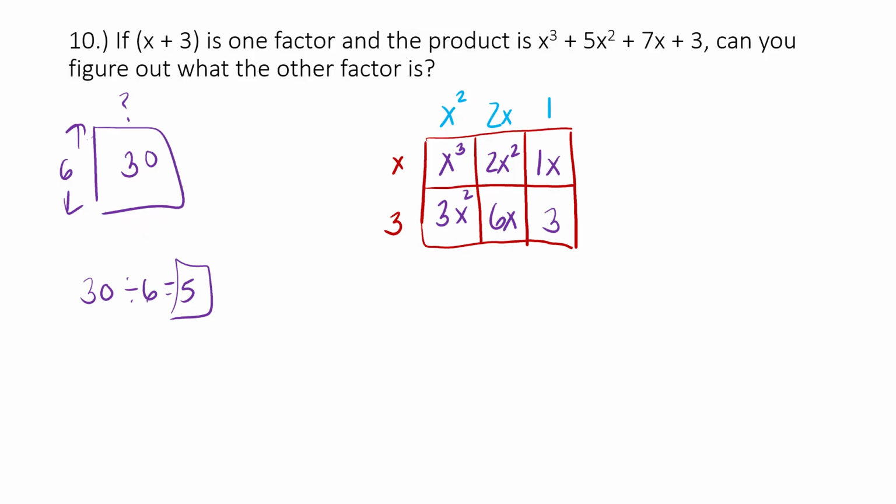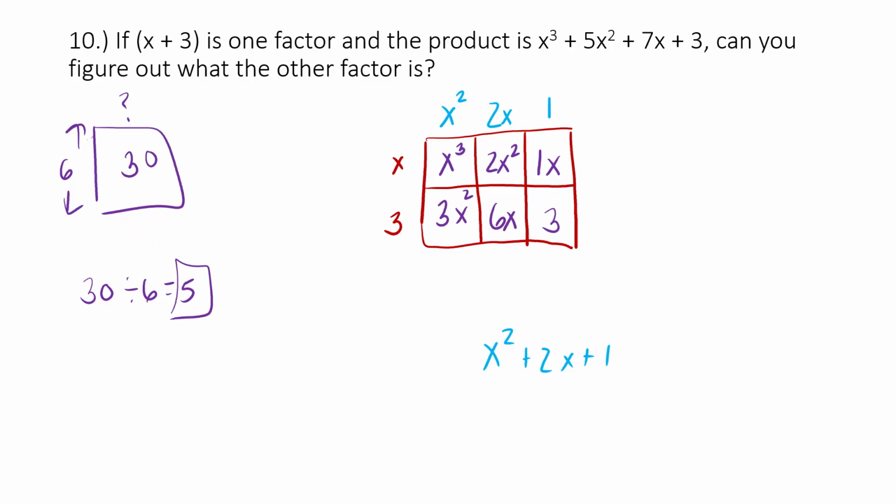But now take a look at what we got. We have the base, we have the height, and we have the area. And essentially what we did was a division problem. We took what we knew the area was, we divided it by what we knew the height was, and now we've got the other dimension, which is x squared plus 2x plus 1.